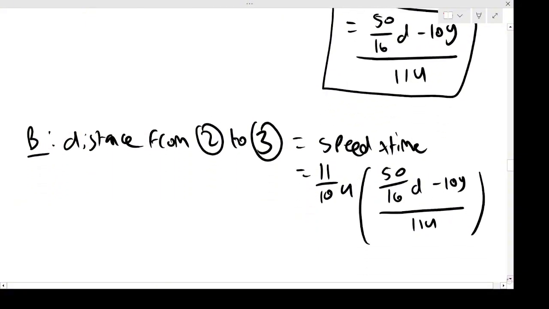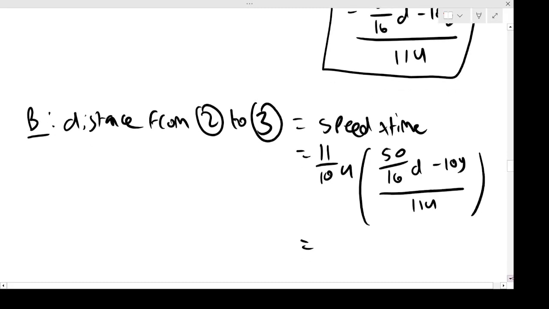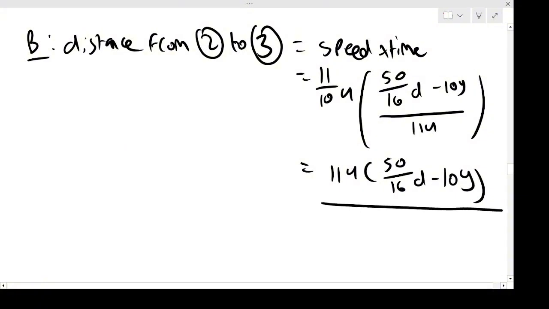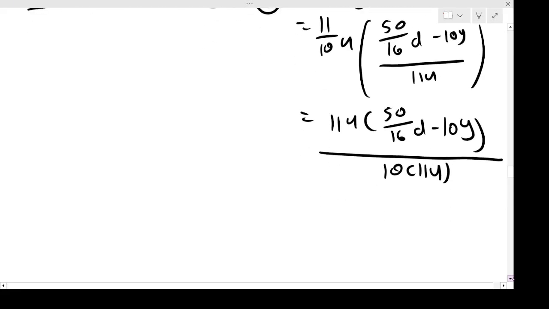So firstly, if we multiply the numerators, so that's going to be 11u lots of 50/16 d take away 10y, all over 10 lots of 11u. Okay, make sure you're happy with the algebra here. Hopefully happy with this.